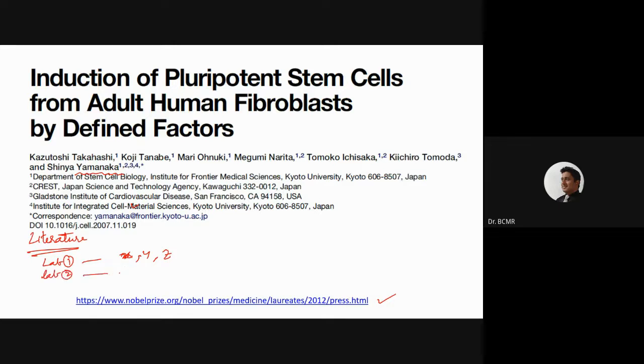Another lab might say no, A, B, C, and Z are important. Lab 3 may say P, Q, Y, B, C are important for pluripotency. That means these are transcription factors that can induce pluripotency, so that a differentiated cell can be transformed into a pluripotent stem cell.